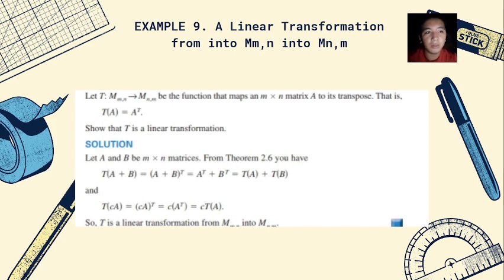From Theorem 2.6, you have T(A + B) = (A + B)^T = A^T + B^T = T(A) + T(B), and T(cA) = (cA)^T = cA^T = cT(A). So T is a linear transformation from M(m,n) into M(n,m).